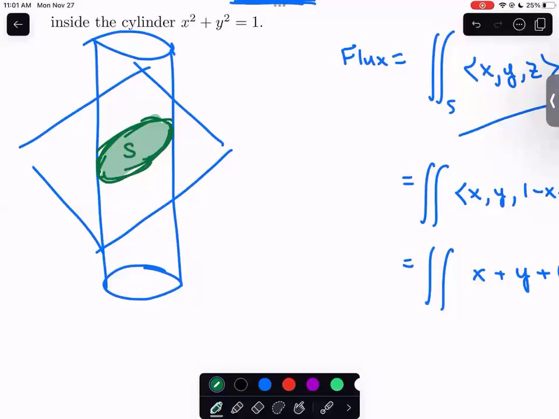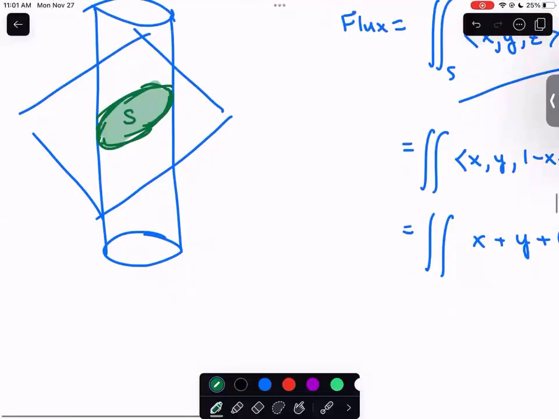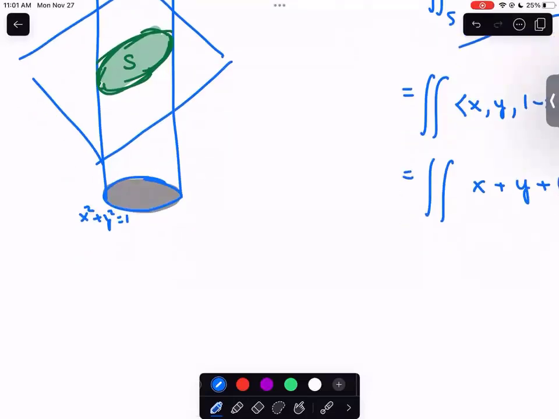We swap this out for dA, and we plug in the correct normal vector and all that sort of stuff. But we need to smush this into the xy plane because there's only going to be x's and y's left at this point. So if I take this and I smush it into the xy plane, this kind of oblong circle, this ellipse that was hovering in space, now gets smushed down. And again, it lies inside of this cylinder of x squared plus y squared equals 1. But now it's in the xy plane where z is equal to 0.